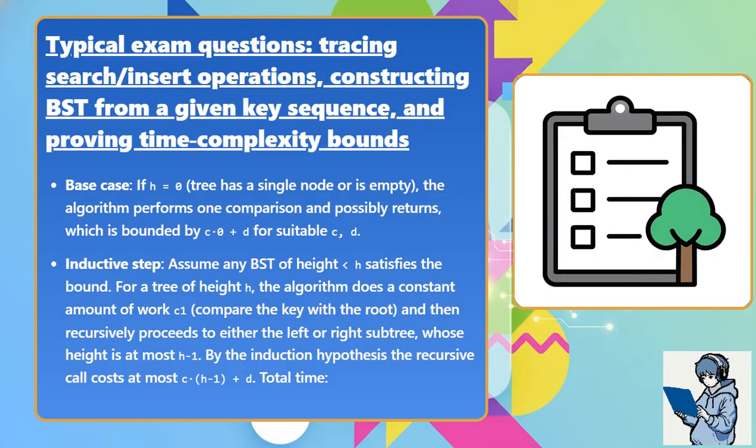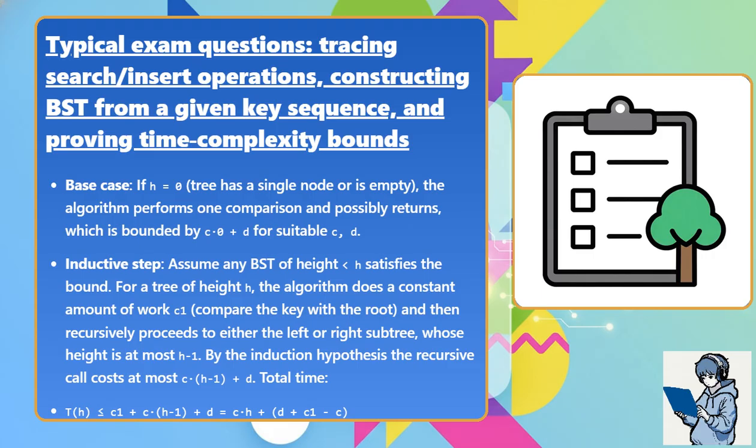Inductive step: assume any BST of height less than H satisfies the bound. For a tree of height H, the algorithm does a constant amount of work C1, comparing the key with the root, and then recursively proceeds to either the left or right subtree, whose height is at most H-1. By the induction hypothesis, the recursive call costs at most C(H-1) plus D total time.